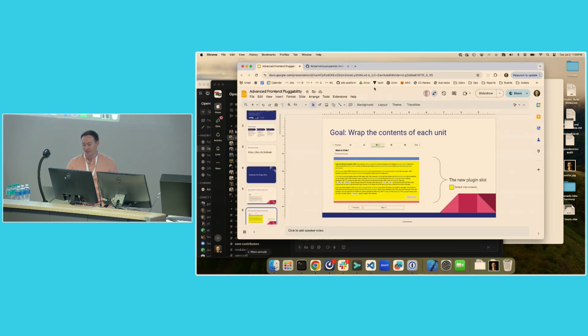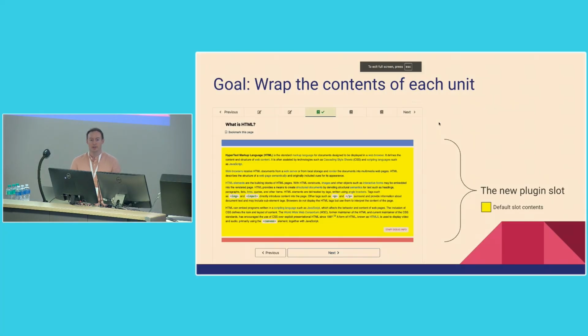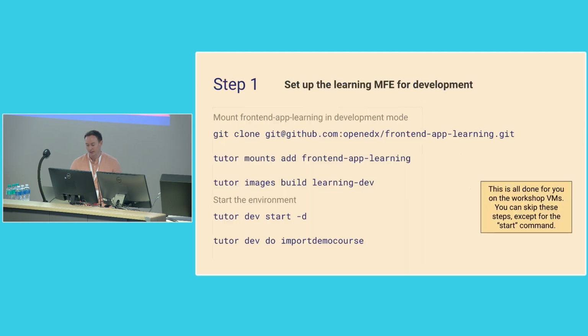You can open these same slides on Google Docs, and you can also copy code out of the slides if you want to. So feel free to use those slides on your own computer to work ahead or catch up as needed. So this is our goal for today, to turn this unit page into a slot that we can put plugins in, and then we'll create a few plugins that go in there.